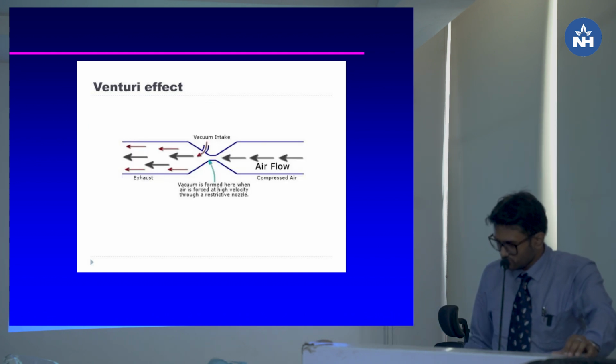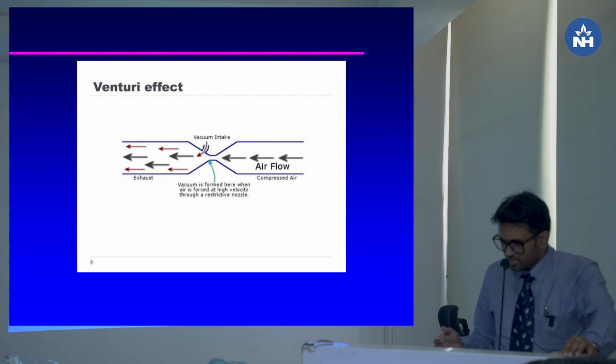So this is when we have a larger cross sectional area, and there is a sudden narrowing, and then again it increases in the cross sectional area, so there is a vacuum formation, and that vacuum needs to get filled with the air from outside.